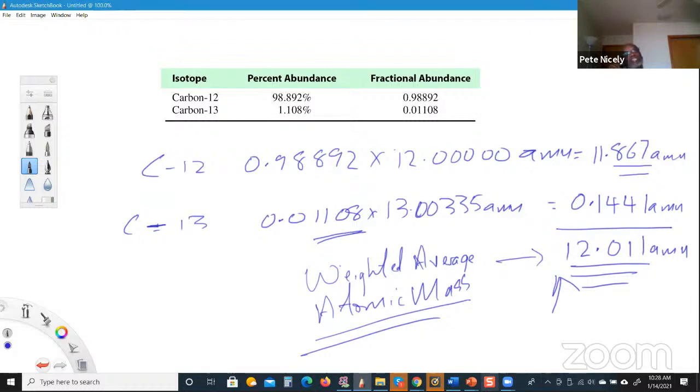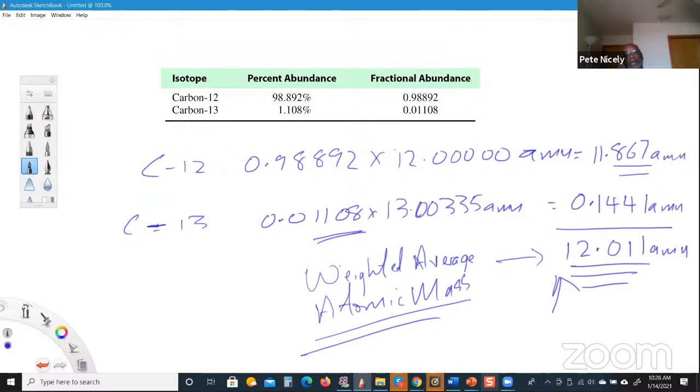The weighted average atomic mass, or simply the average atomic mass, is not the same thing as the mass number. If you recall, we said that the mass number is the sum of the number of protons and neutrons present in an atom, all right, or an isotope, right? That's a mass number. The mass number is the sum of the number of protons and neutrons in an atom or isotope of an element.